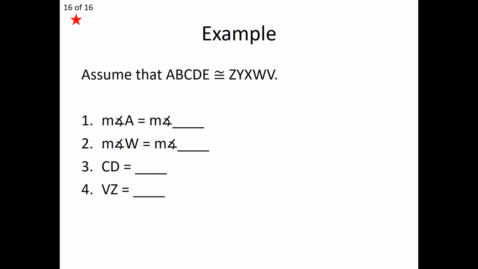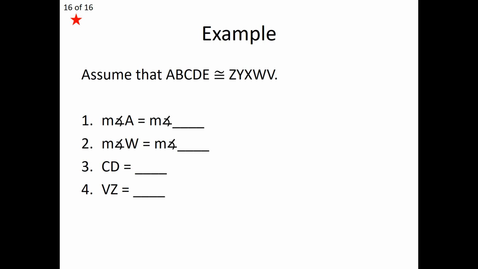And I know then what follows from this. From CPCTE, the corresponding parts of congruent triangles are equal. I know I can declare corresponding angles and corresponding sides as equal to each other. So if we take a look at our examples, I want to know what angle A's measure is equal to. So it has a corresponding angle of the second polygon.